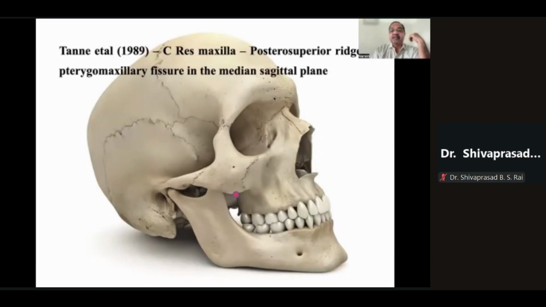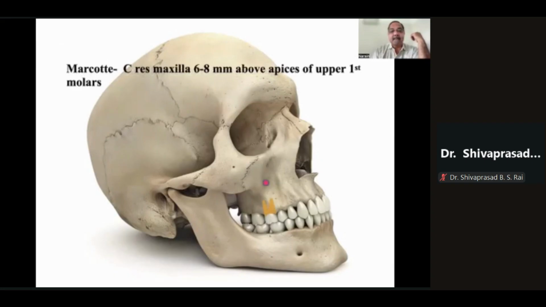According to Tane, the posterior superior part of the pterygomaxillary fissure in the median sagittal plane is the center of resistance of the maxilla. According to Marcotte, the center of resistance is 6 to 8 millimeters above the apices of the upper molars.